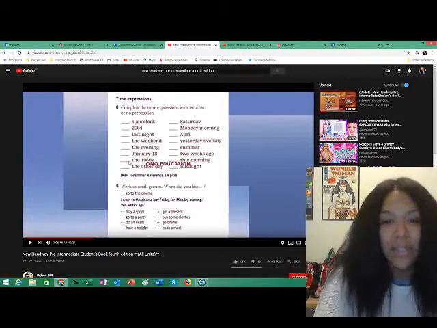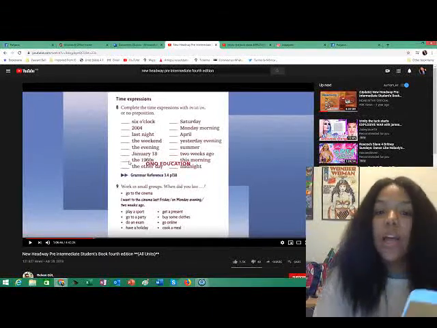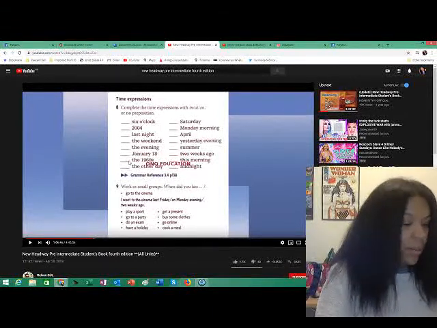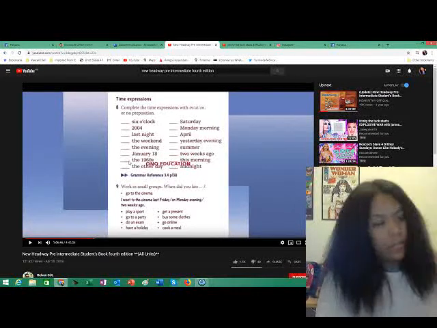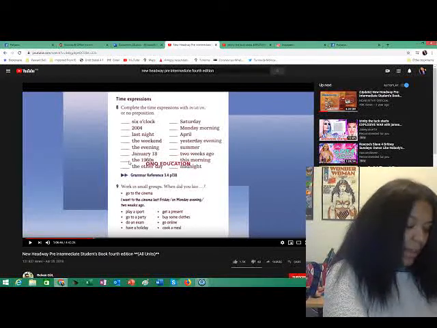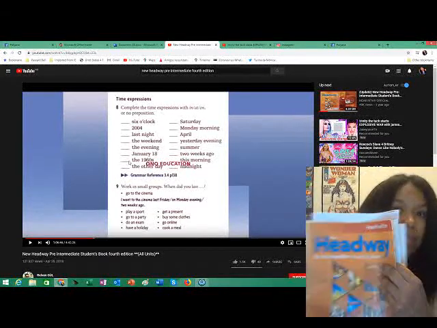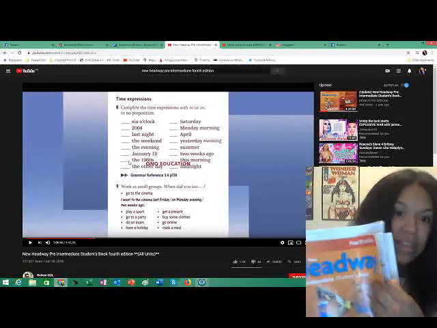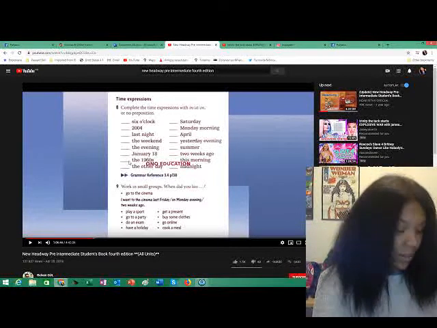At midnight. And remember, on page 138, if you have this edition, at the very back of the book, but even if you don't have this same edition with all the units, it will still be at the end of the book.